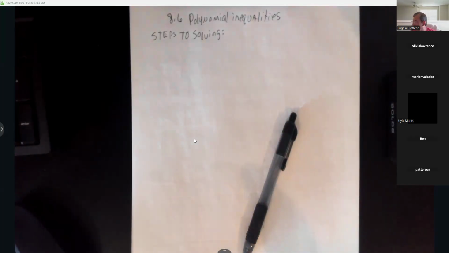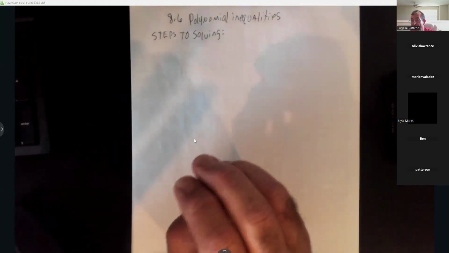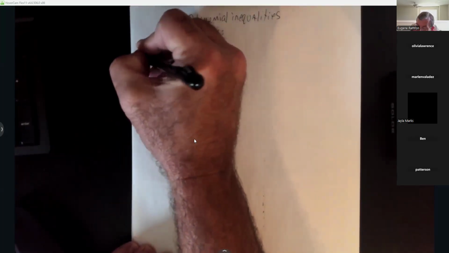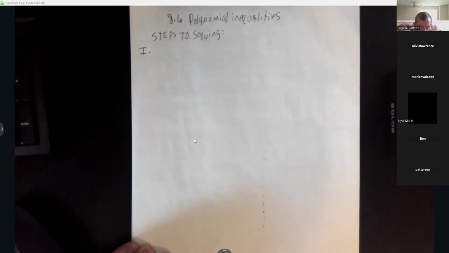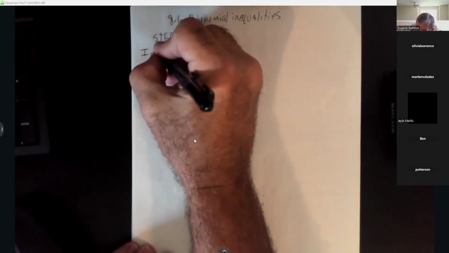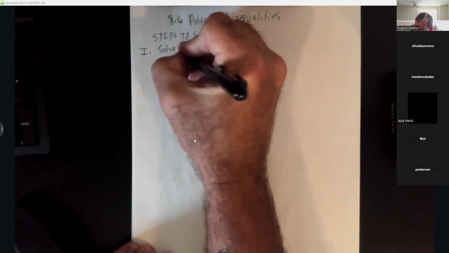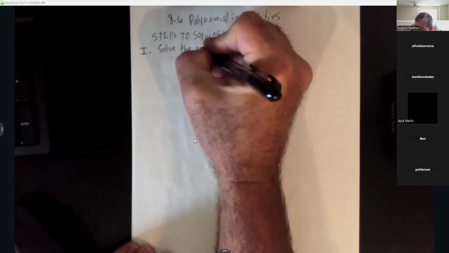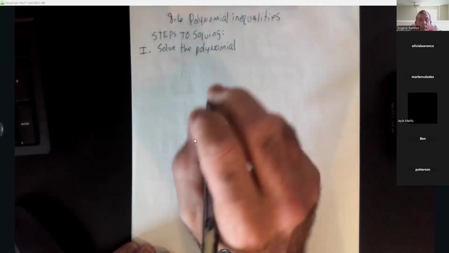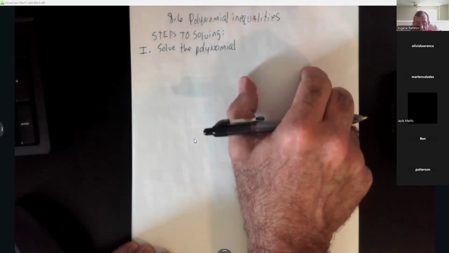And y'all, I'll show you solving them by hand and how to solve them by graphing, okay? All right, so the first thing we got to do is solve the polynomial. And we'll solve it by setting it equal to 0, okay?